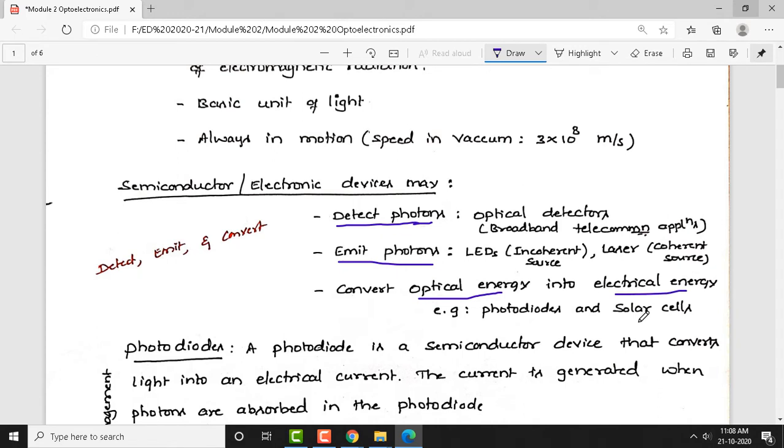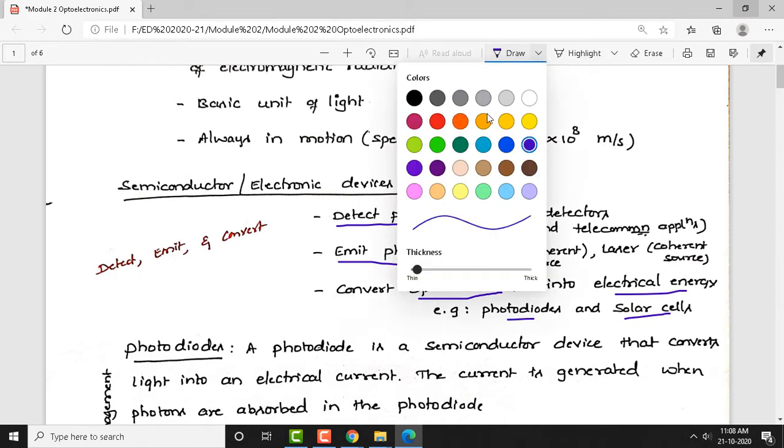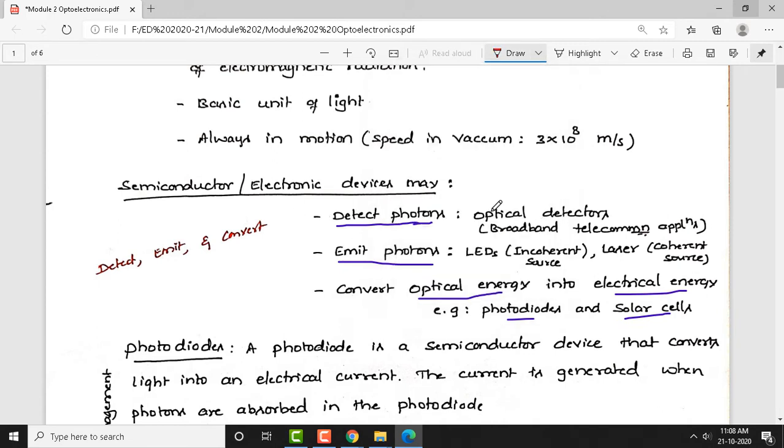In devices like solar cells and photodiodes, you can convert light energy into electrical energy. If you look at specific applications, those which detect photons are optical detectors, used in broadband telecommunication applications, and those which emit photons are light emitting diodes, an example of incoherent sources, and laser.